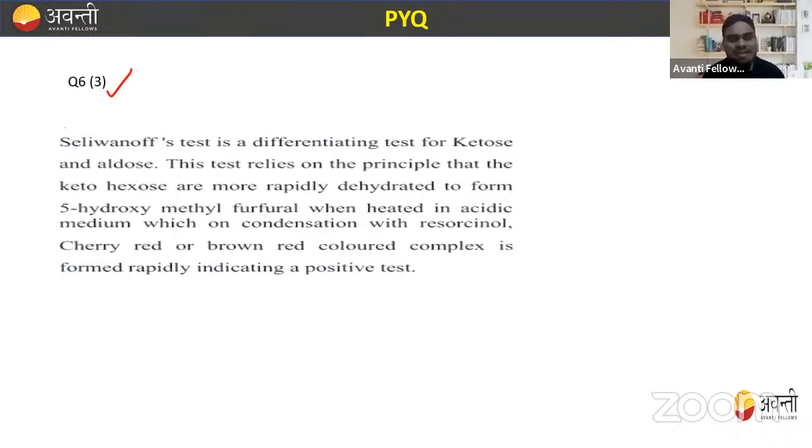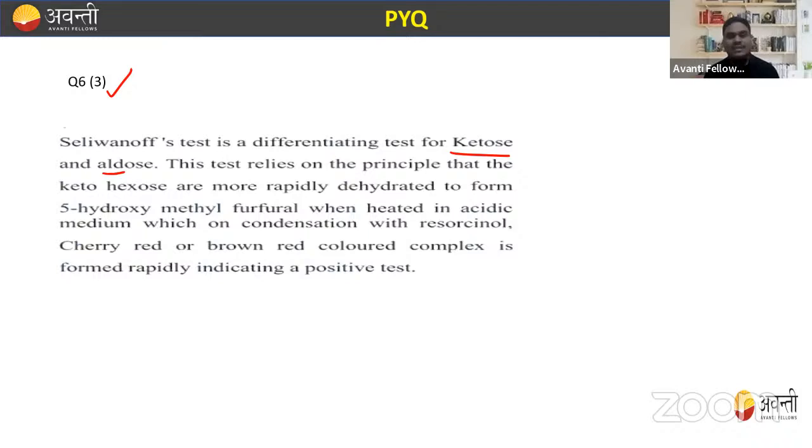Seliwanoff's test is a differentiating test for ketoses and aldoses. Just remember this point, beta. This test relies on the principle that ketohexoses are more rapidly dehydrated to form 5-hydroxymethyl furfural when heated in an acidic medium, which on condensation with resorcinol forms a cherry red or brown red color complex.